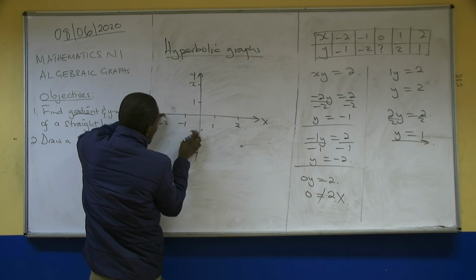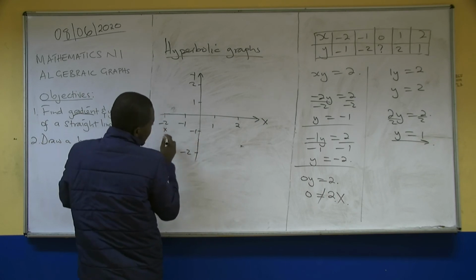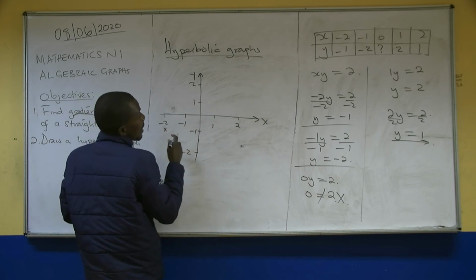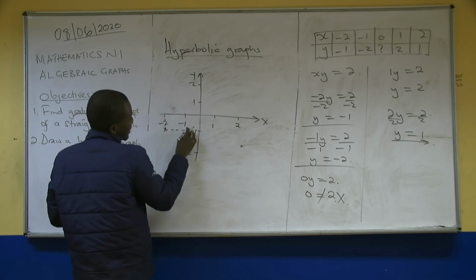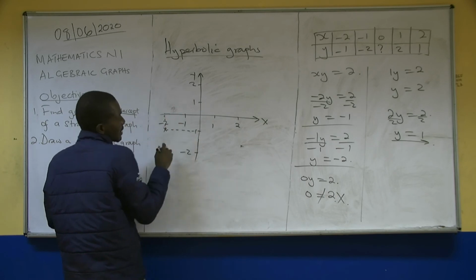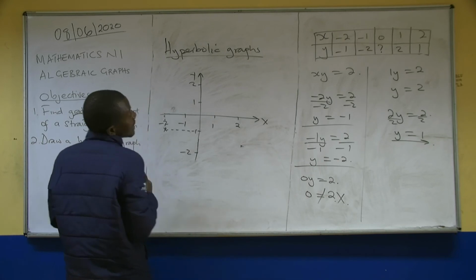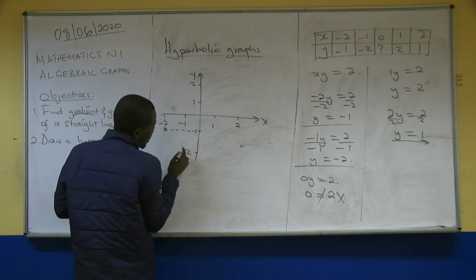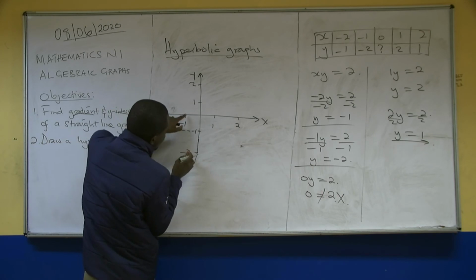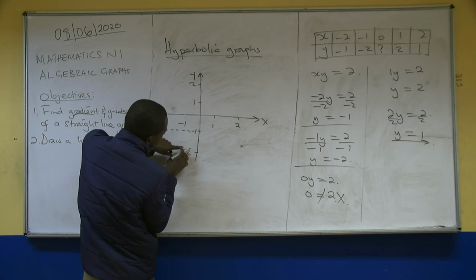Now we want to mark the points. When x is -2, y is -1. You just go -2, -1, move your fingers to where they meet, and you mark. In my case it won't be exactly at the point, but I just want you to understand what should happen. Then when x is -1, y is -2.